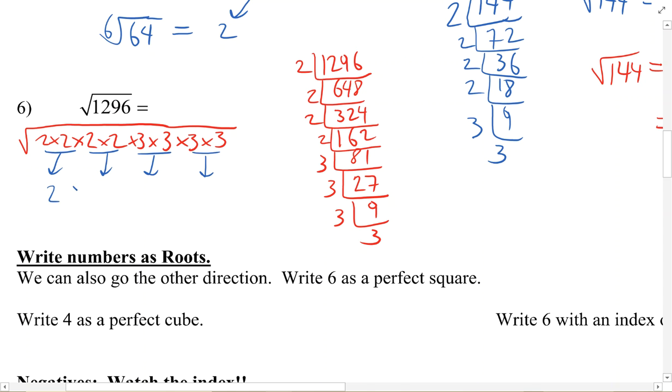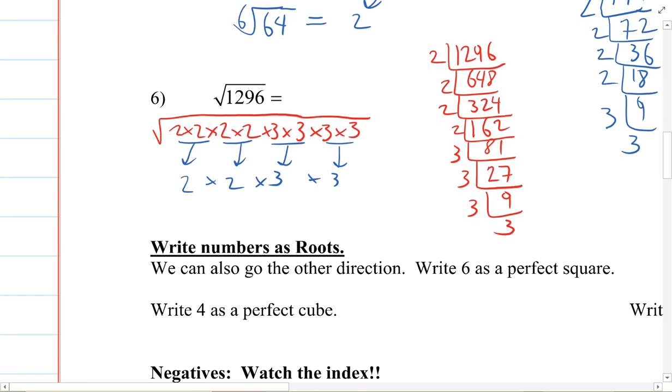So 2 times 2 times 2 times 2 times 3 times 3, and so that we can now say square root 1296 equals that, which is 4 times 9, which is 36.